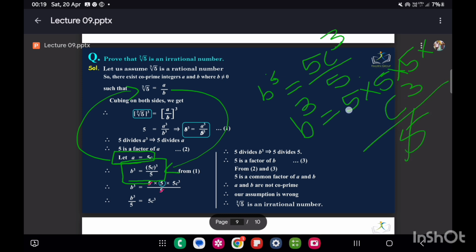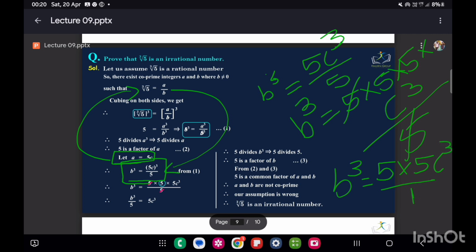This 5 and this 5 cancel. 5 into 5 is 25. So b cube equals, taking directly what is remaining, 25c cube divided by nothing, which is considered as 1.